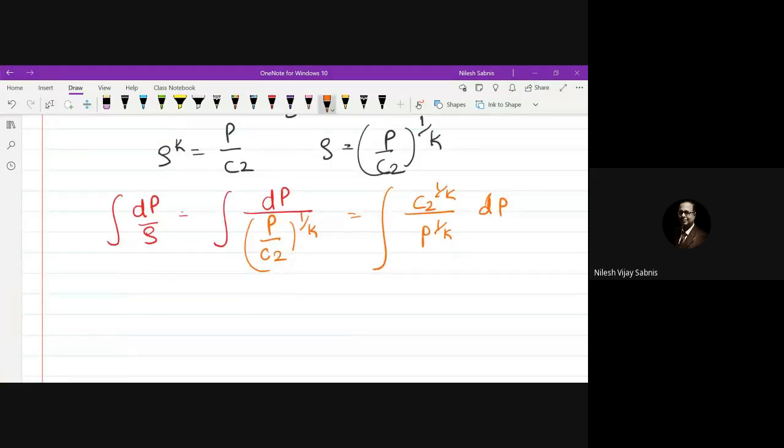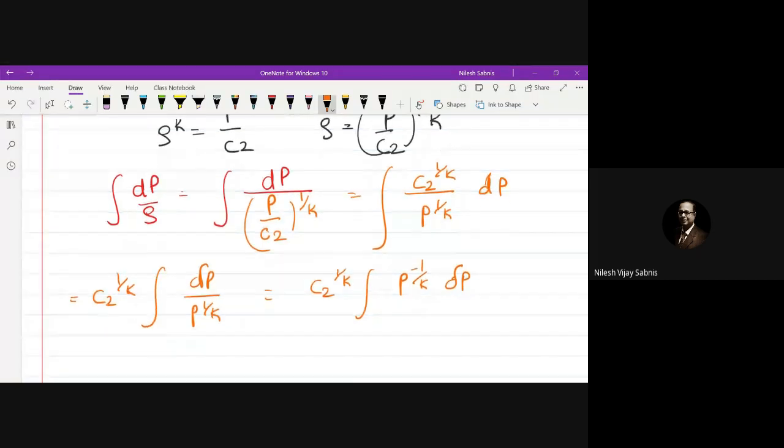Let's take C2 raised to 1 by K out, and the integration will be dP divided by P raised to 1 by K. Or C2 raised to 1 by K integration P raised to minus 1 by K dP.